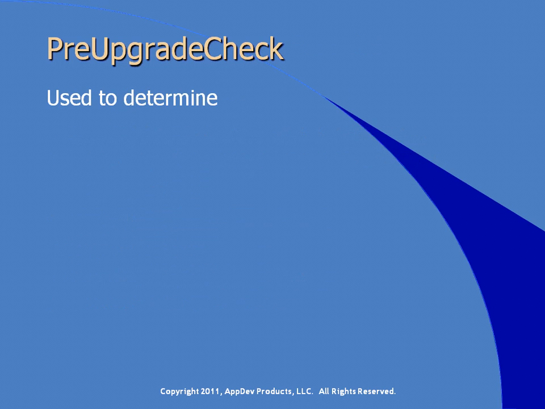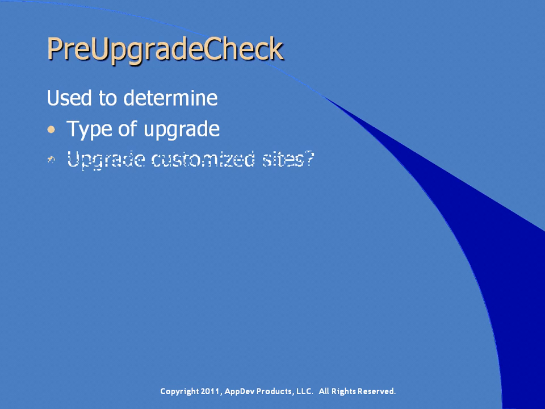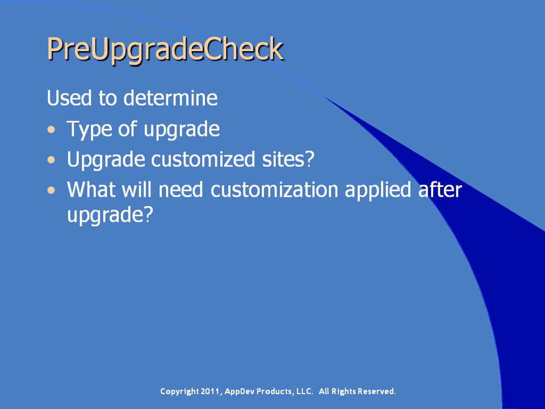Use the information gathered to determine the type of upgrade to perform, an in-place upgrade or a database attach upgrade. Whether to upgrade site collections that contain customized sites. Which sites need to have customizations reapplied or recreated after upgrading. This might affect the time it takes during this review stage.